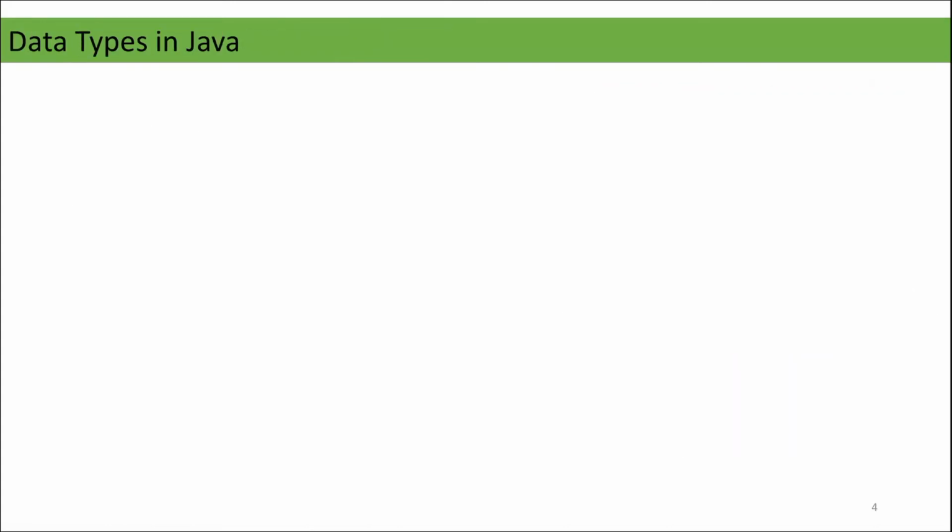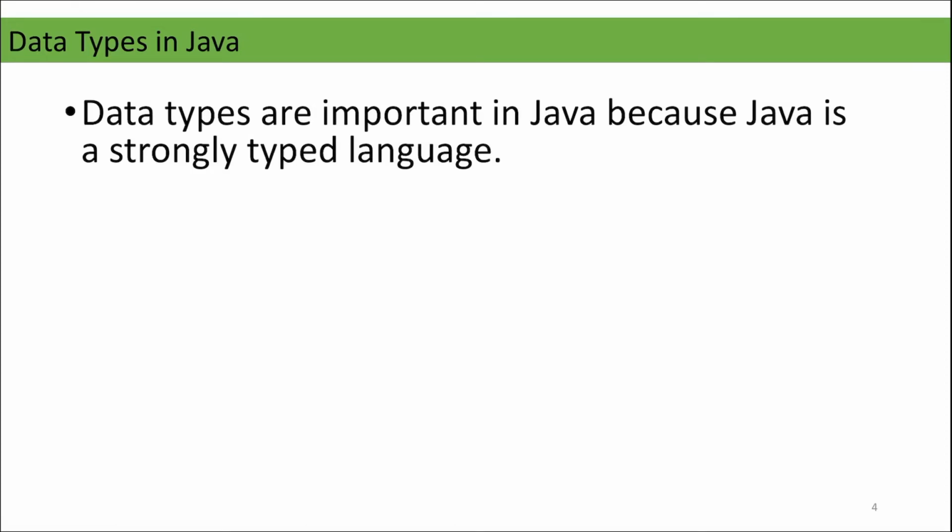In the Java programming language, data type is very important. Why? Because Java is what you call a strongly typed language, which forces the programmer to identify or declare in advance what the data types are for each variable, object, function or method.